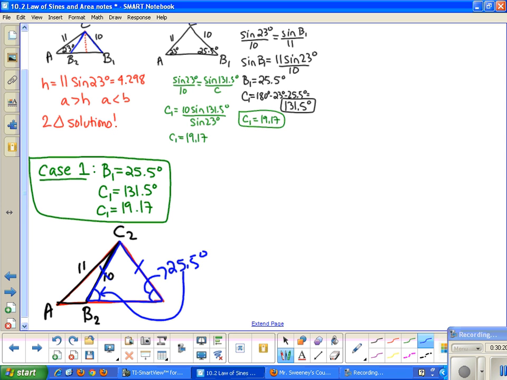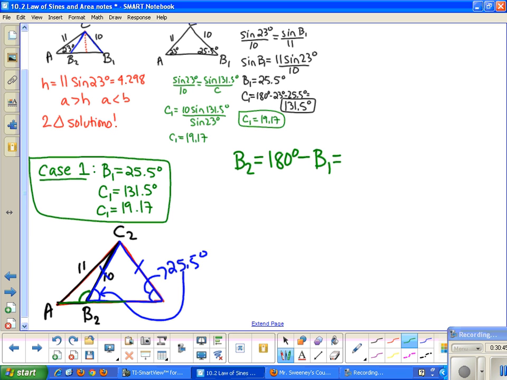And now we can use the supplementary angle postulate that says if I want to find this angle here, well, since this is a straight line, I can take 180 minus 25.5 degrees to find B2. So B2 is going to be equal to 180 degrees minus B1, which in this case would be 25.5 degrees.